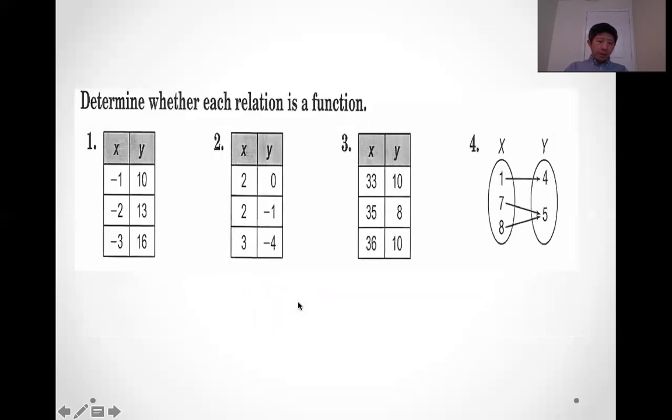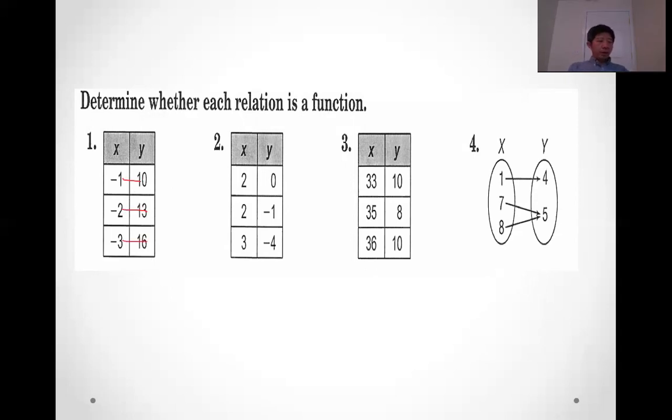Now here, I want you to take a minute to determine whether this is a function or not a function, okay? Number one, yes or no? The answer is yes, because each domain and each range has a corresponding value, right?